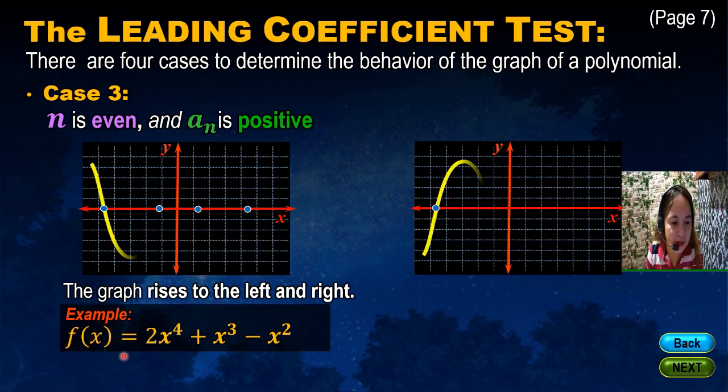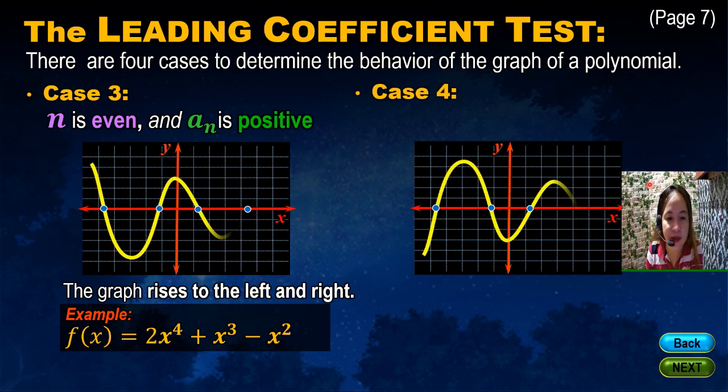F of x equals 2x raised to 4 plus x cubed minus x squared. So, ang highest degree niya ay 4. So, yung n mo ay 4 and 4 is an even number. Tapos, yung 2 dito, which is your leading coefficient, it is a positive number. So, therefore, your graph rises to the left and rises to the right.